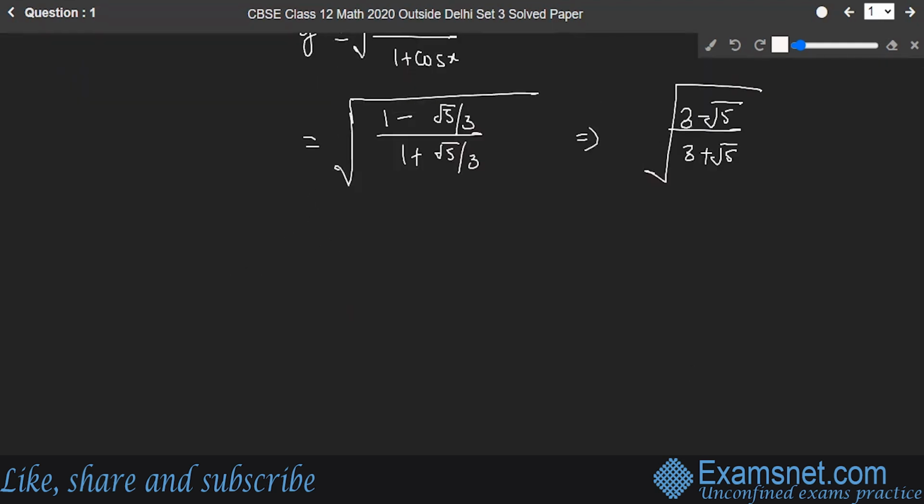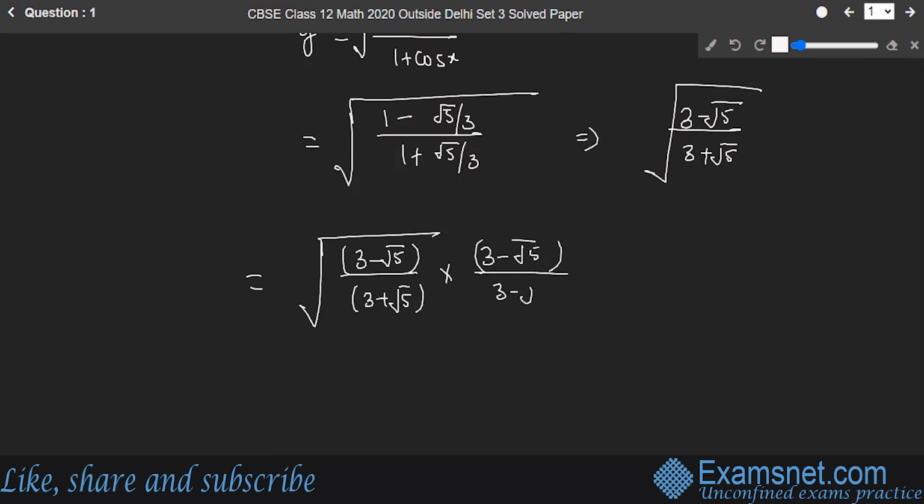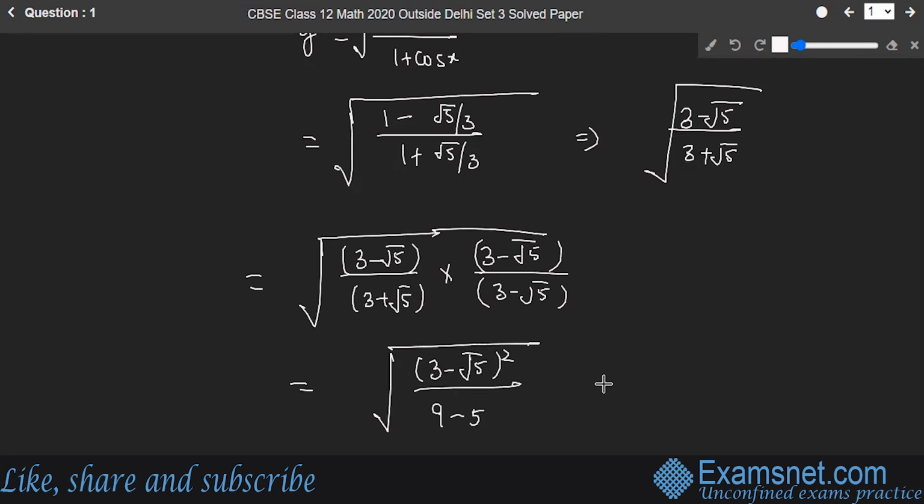Now rationalizing the denominator, you will have root of 3 minus root 5 upon 3 plus root 5, multiplied by 3 minus root 5 upon 3 minus root 5, which is equal to 3 minus root 5 whole square upon 9 minus 5.